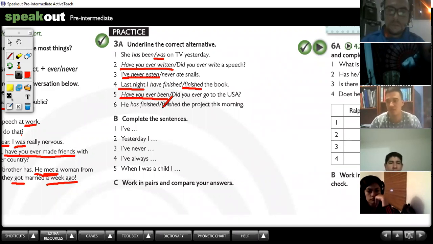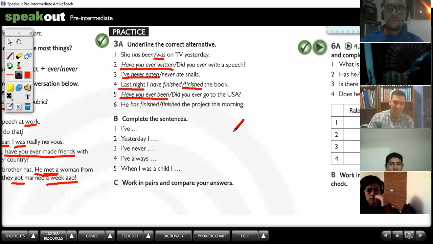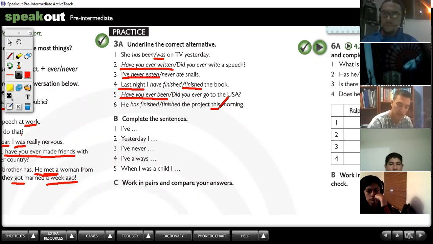I have news for you. Both in this context are correct, because it's a recent action. Both can be right because it is a recent activity.